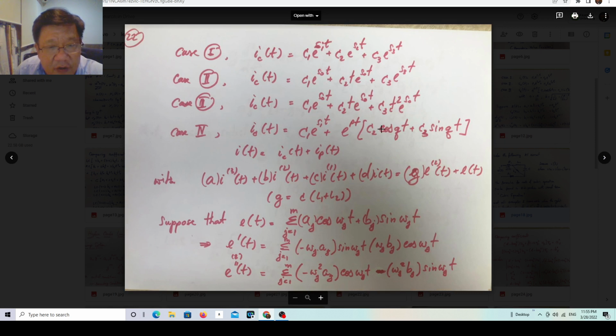You can see that for all of them there exist three constants, c sub 1, c sub 2, c sub 3. That's why you need three initial or boundary conditions here.